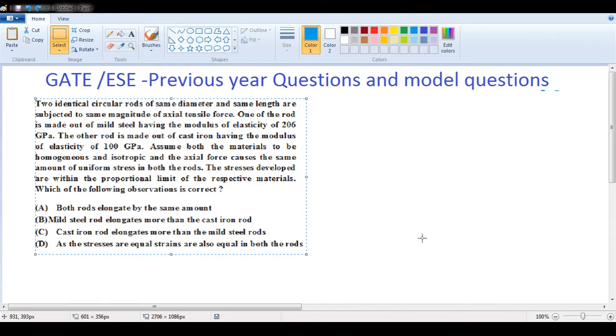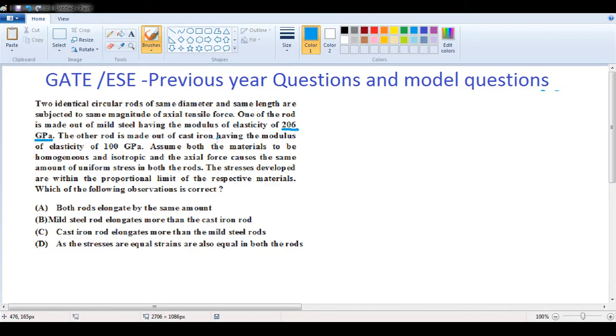Here the question is: two identical circular rods of same diameter and same length are subjected to same magnitude of axial tensile force. One of the rods is made of mild steel, having modulus of elasticity 206 GPa.